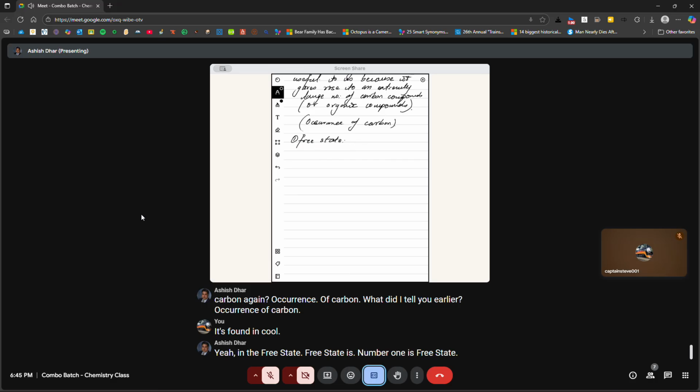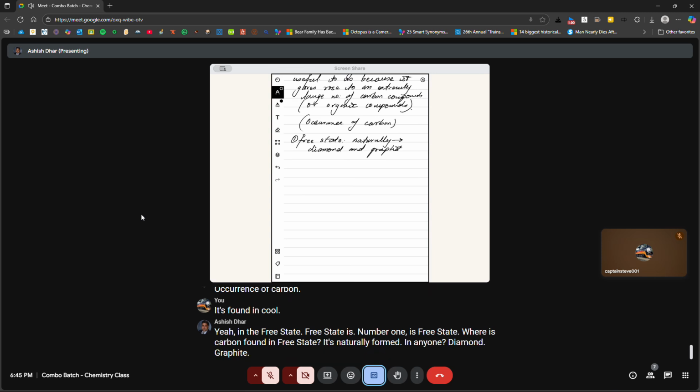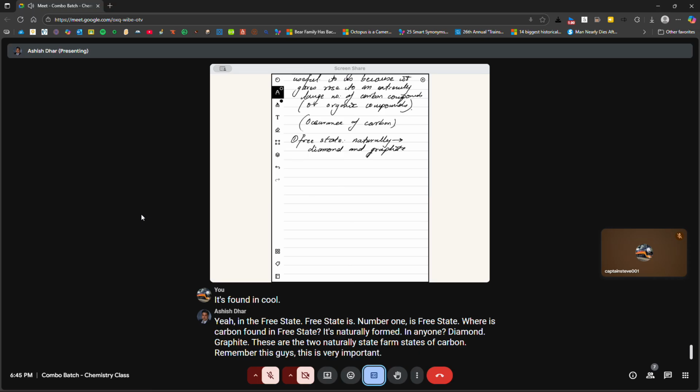Where is carbon formed in free state? It's naturally formed where? Anyone? Diamond and graphite. These are the two naturally formed states of carbon. Remember this, guys. This is very important.